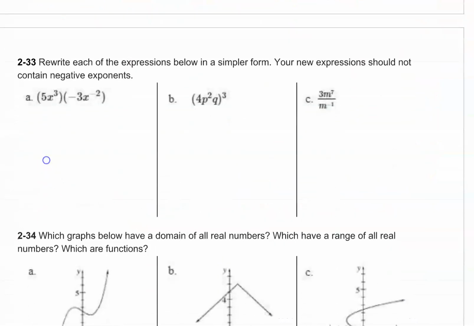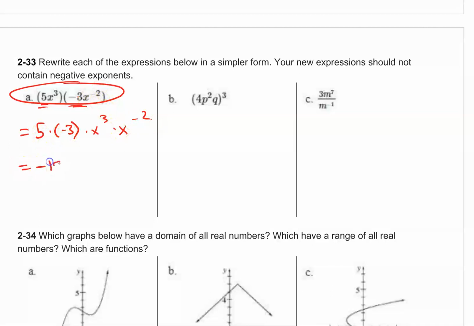Let's check out 2-33. All right, 2-33a. Step 1, rearrange so that the coefficients, or these big numbers, are at the front. 5 times negative 3 times, we still have x to the power 3 times x to the power negative 2. Okay, and 5 times negative 3, positive times negative is negative 15.